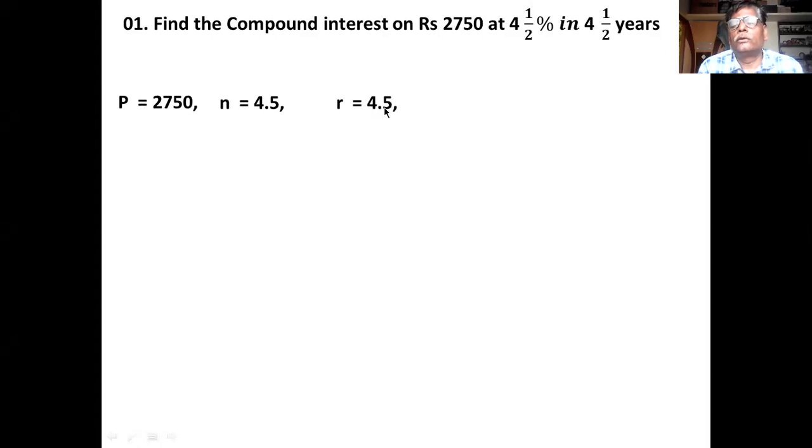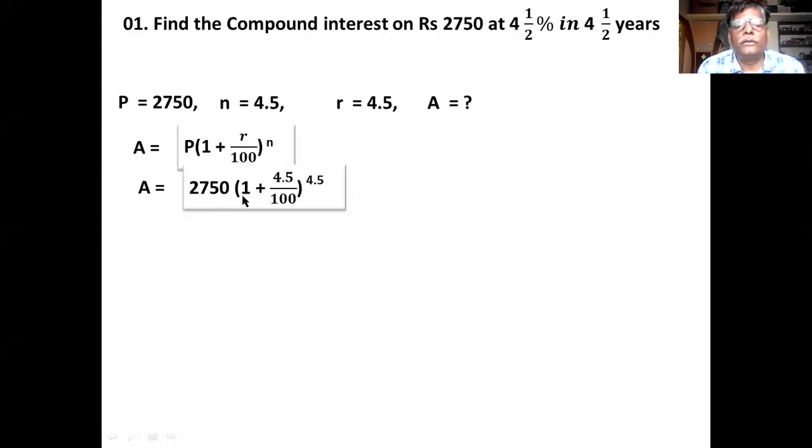Rate is also 4.5. Then you write the amount is question mark. So amount is equal to P in the bracket 1 plus R by 100 raised to N. This is your equation. If you fill the values: 2,750, 1 plus 4.5 divided by 100 raised to 4.5.